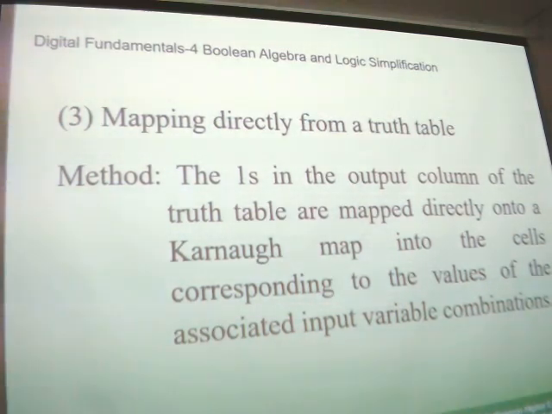So, if we know the truth table, how to create the Karnaugh map from the truth table? The method is that the ones in the output column of the truth table are mapped directly onto our Karnaugh map into the cells corresponding to the values of the associated input variable combination.